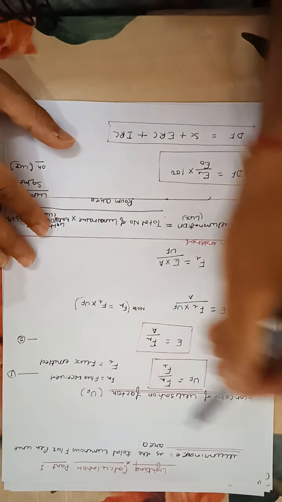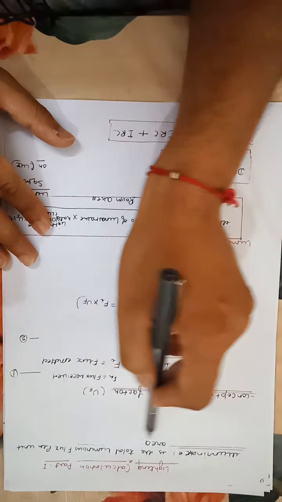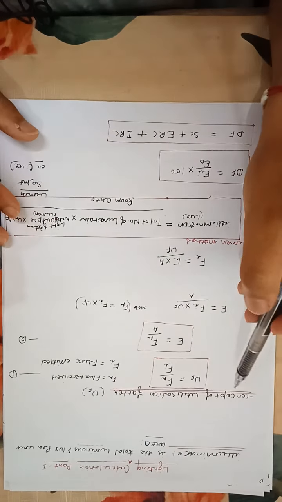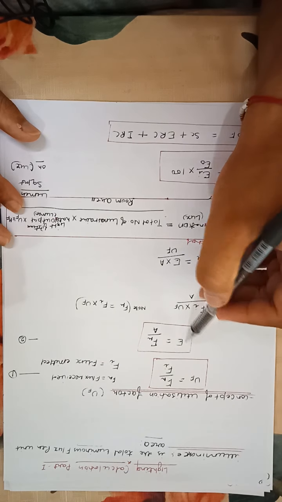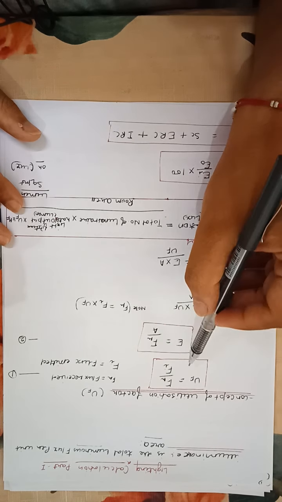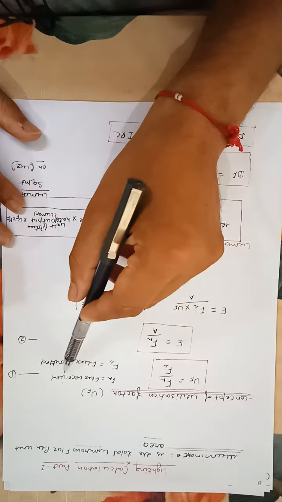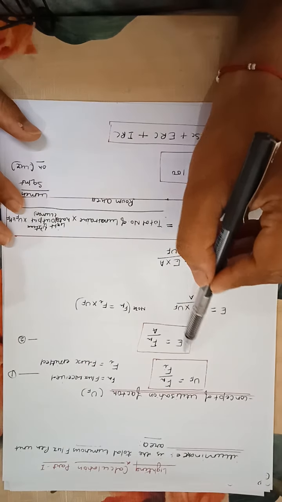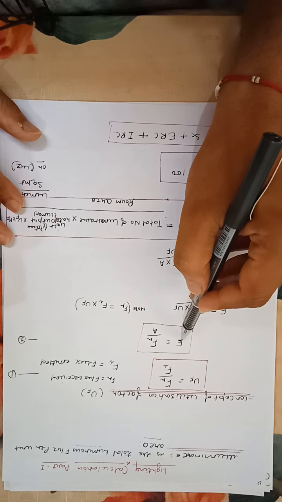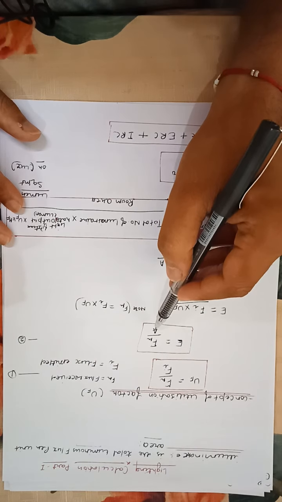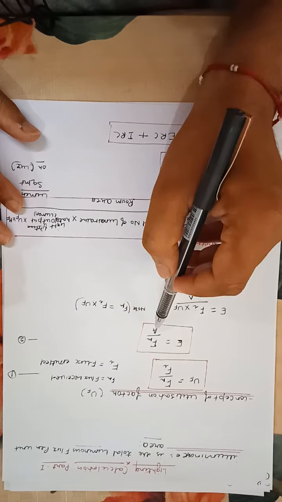Whenever illuminance is mentioned, it is luminous flux per unit area. Concept of utilization factor: UF is equal to FR by FI, flux received by flux emitted. Then, using the utilization factor, you can calculate the illumination level: E is equal to FR by area.